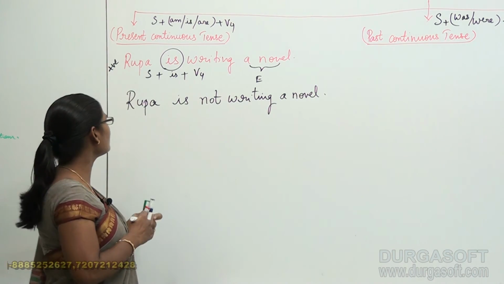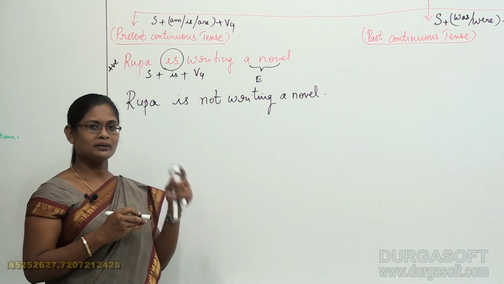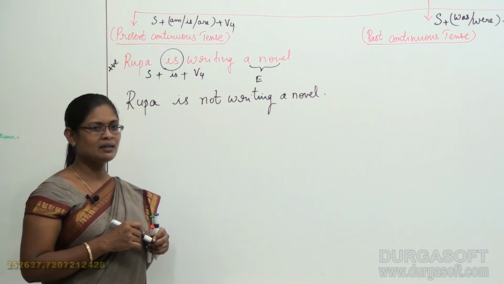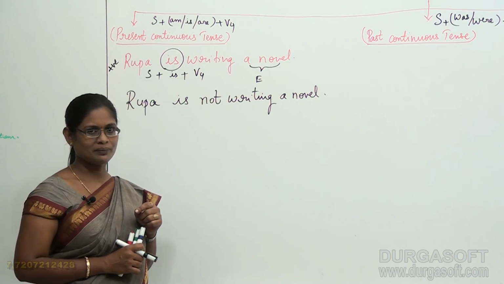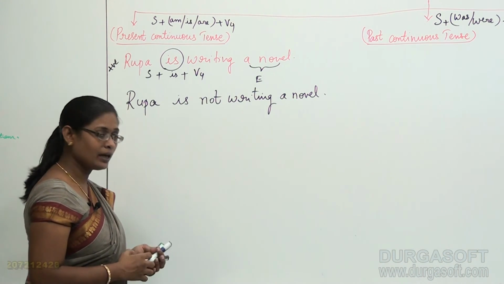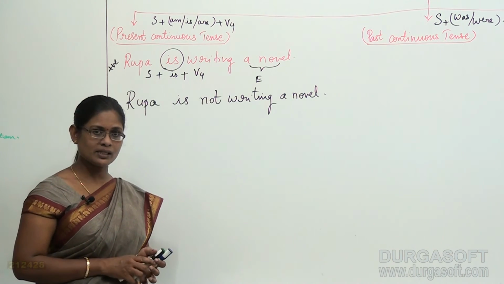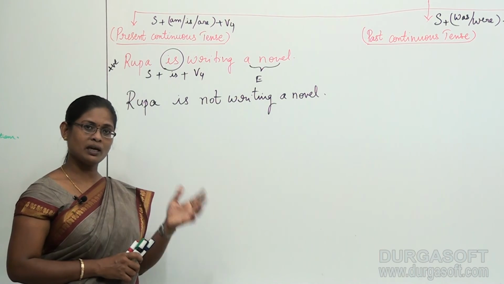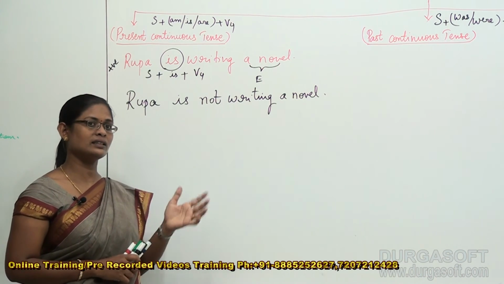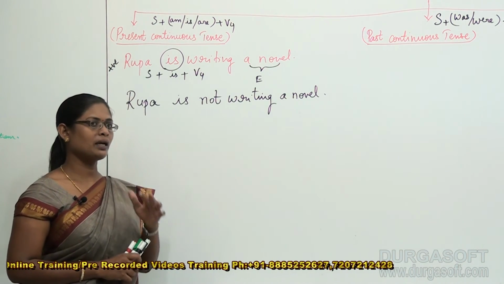See how simply we have converted this positive sentence into a negative sentence by means of a very simple technique called not, right? I already told you in our previous sessions that every sentence that doesn't have not can become a positive sentence, and every sentence that has not in it can become a negative sentence.